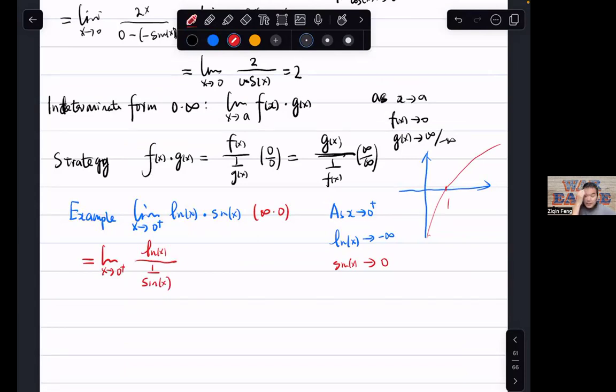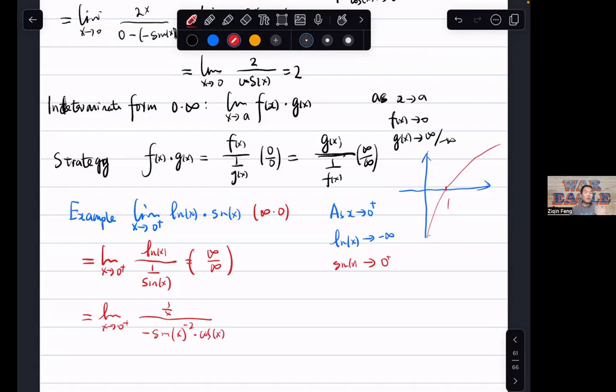Now after you change from a product to a quotient, the denominator goes to 0 positively. So this is basically infinity over infinity, and then we can apply L'Hopital's rule. So this is the same as the limit as x goes to 0 from the right side of 1 over x over negative 1 over sine of x squared times cosine of x.